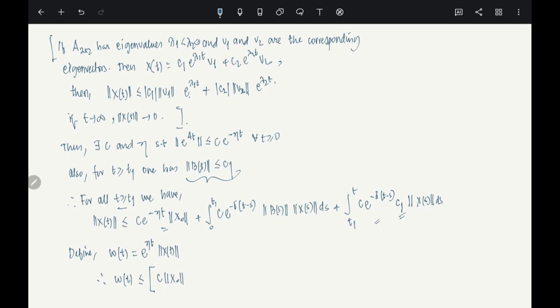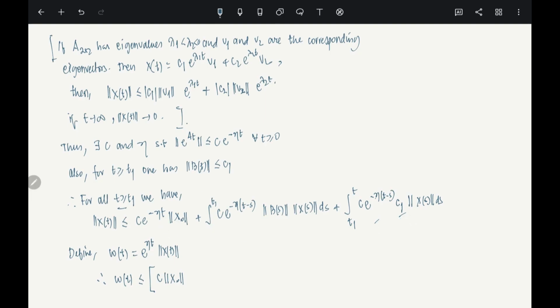It is eta, no? It's not delta, sorry. This is eta, that is why I got confused. Okay, it's fine. Eta. Okay, so now e to the power eta t I can take everywhere. So this term and this term I will just put it together. Okay, right. Sorry about the confusion.